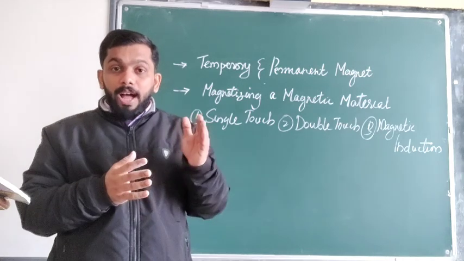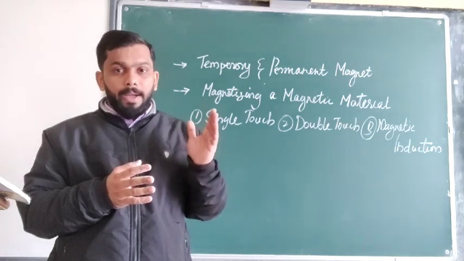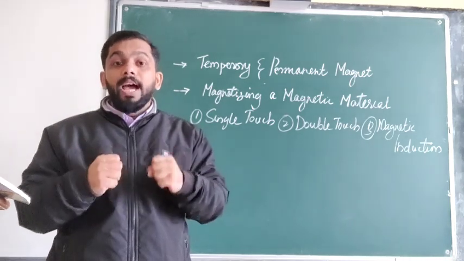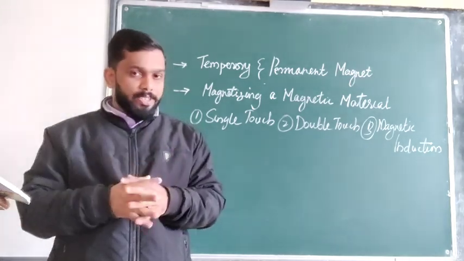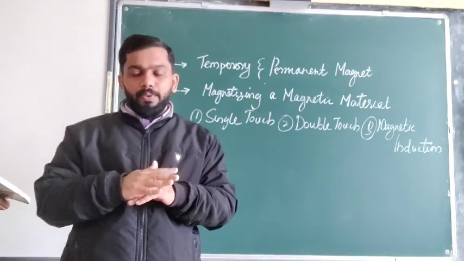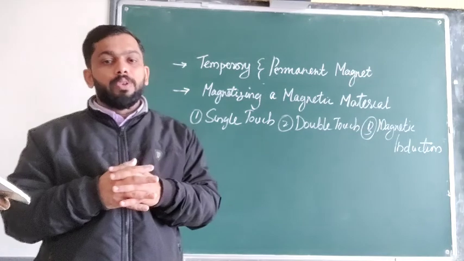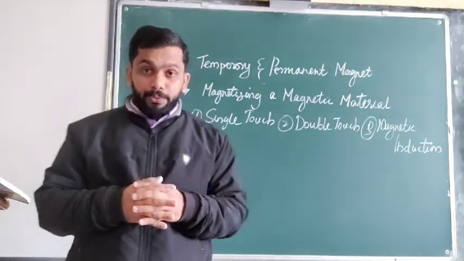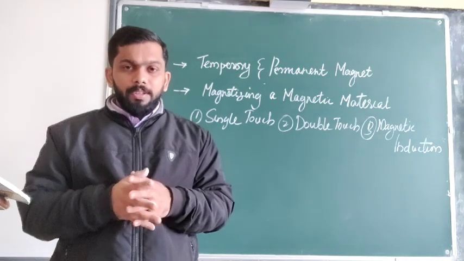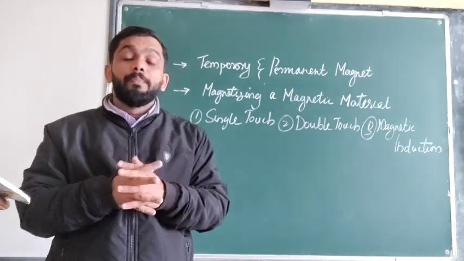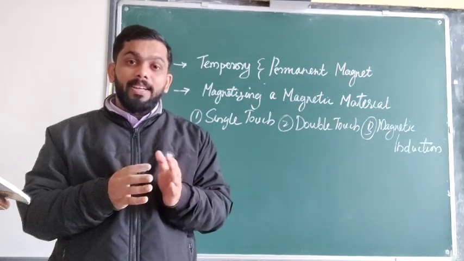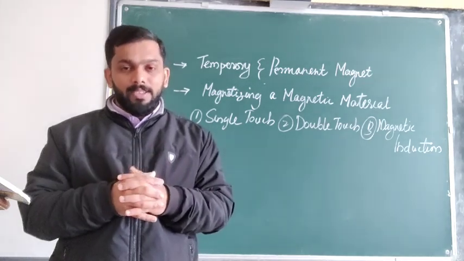We have discussed that artificial magnets are there, natural magnets are there. Artificial magnets are made by human beings, so we are able to make magnets. Already we have discussed that, according to our use, we are able to make the magnet in any shape. In the same way, we are able to make the magnet in two conditions: temporary magnets and permanent magnets.